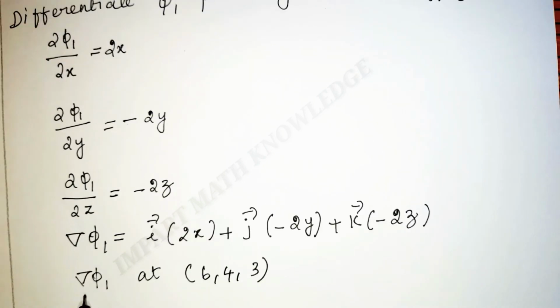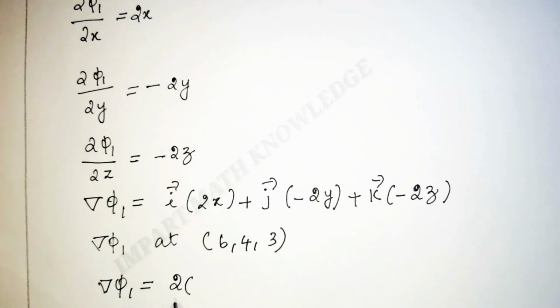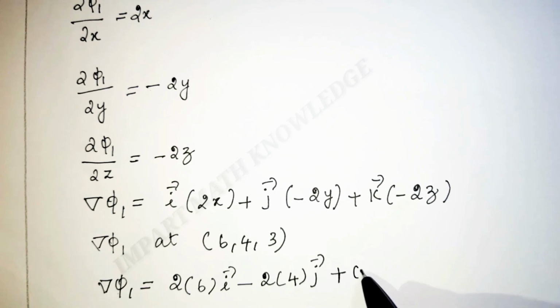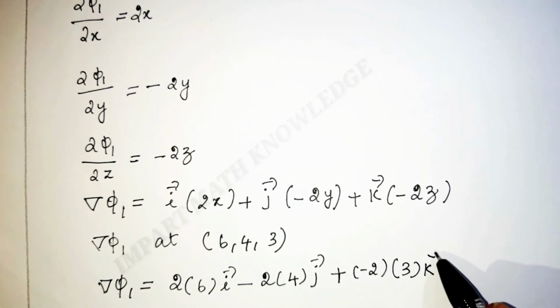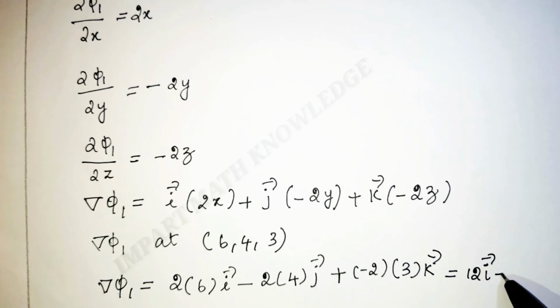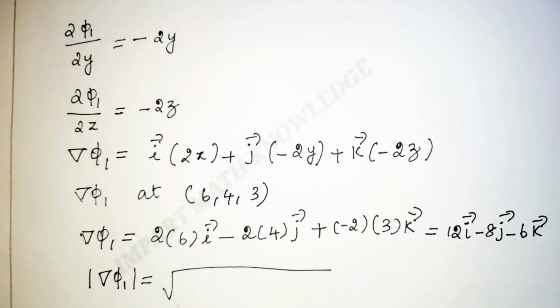Now we have to find del pi 1 at the given point 6, 4, 3. Del pi 1 is equal to 2 into the x value 6, i vector, minus 2 into the y value 4, j vector, minus 2 into the z value 3, k vector. So del pi 1 is equal to 12i vector minus 8j vector minus 6k vector.